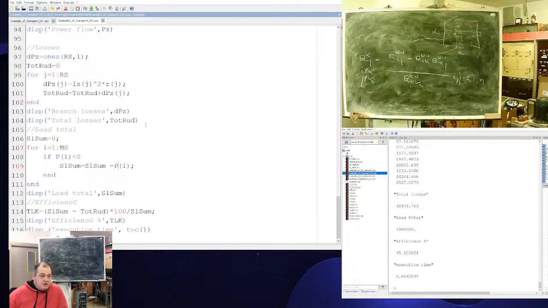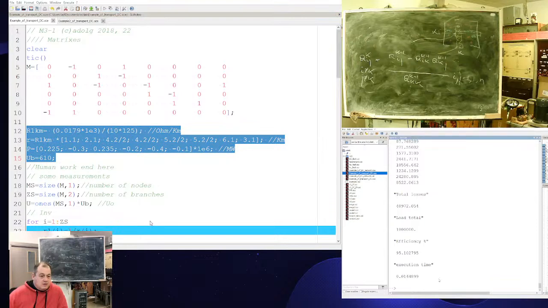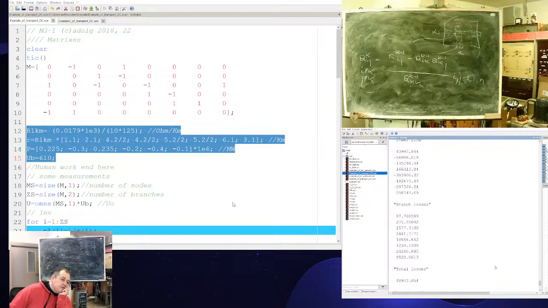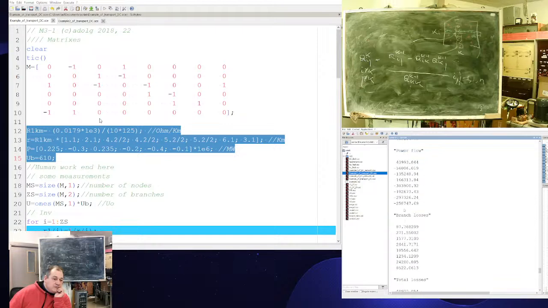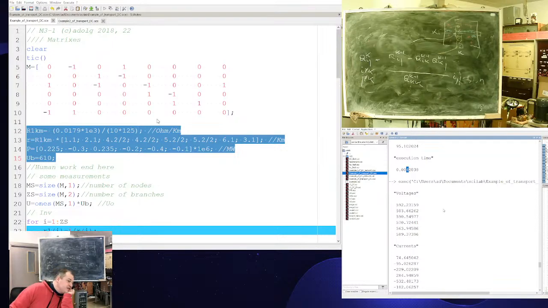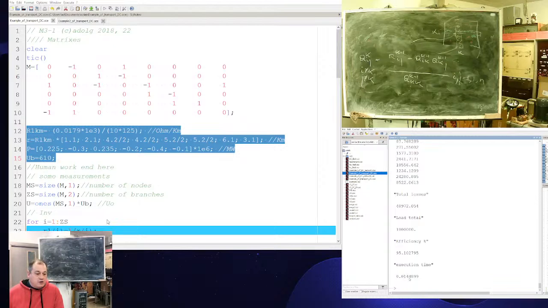To compare, in pre-execution time, 4 milliseconds with matrix inversion and 14 milliseconds with the Zeidel.